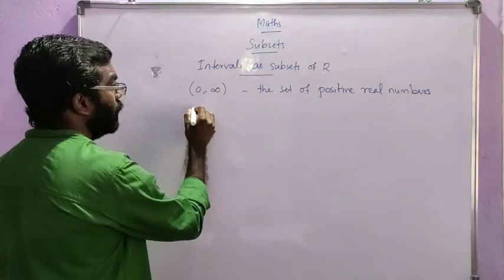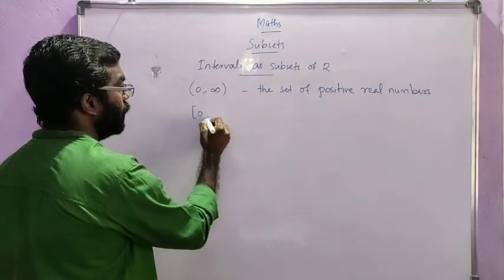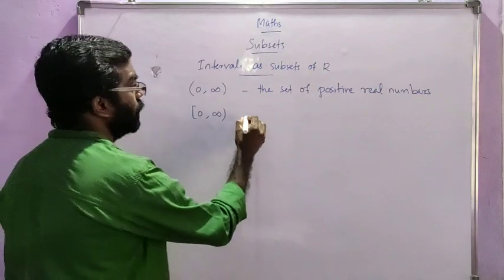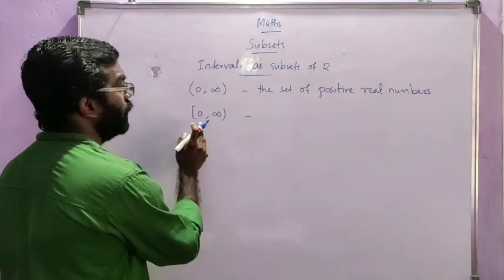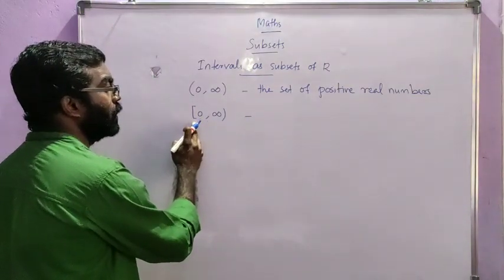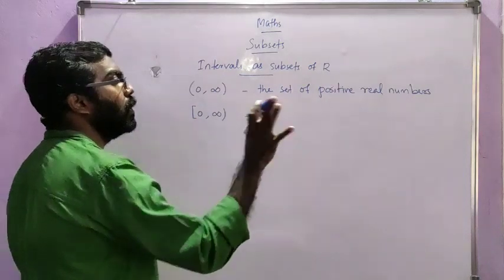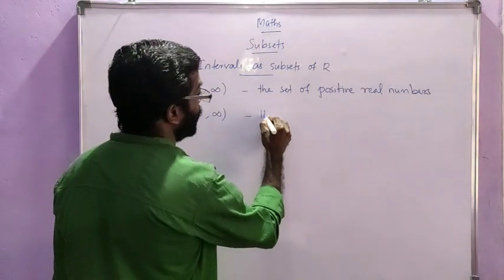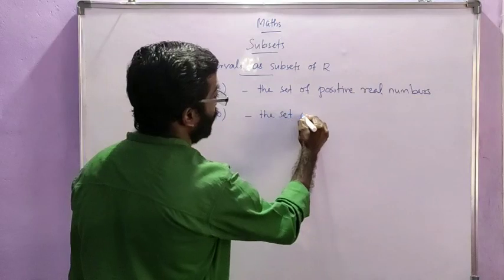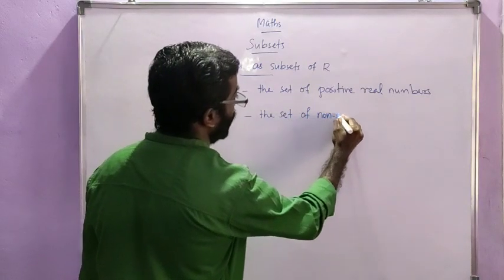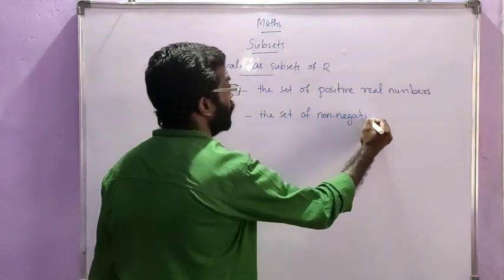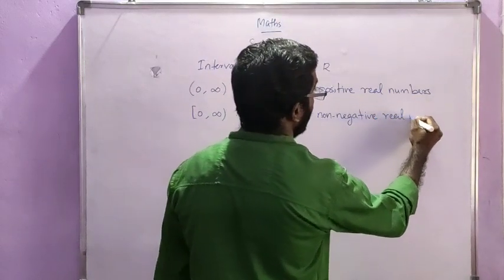And another one is closed 0 infinity open. That means the interval which includes 0 and the numbers which are more than 0. That means the set of non-negative real numbers.